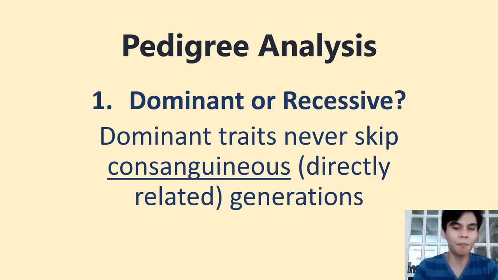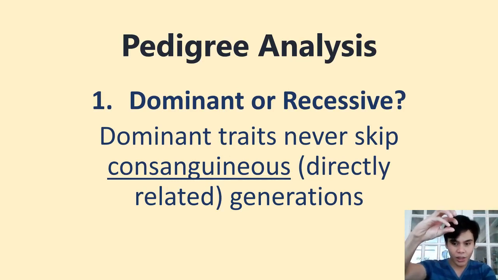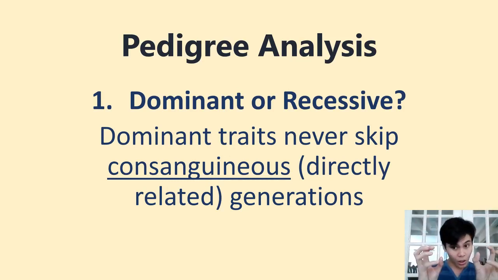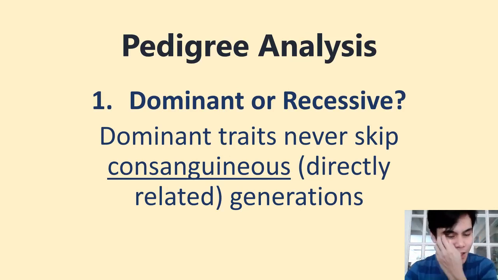But if it does skip, again, if you see it skipping a generation, so it's present in one generation, in the next generation it's gone, but then in the generation of offspring it's present again, then it skipped a generation, and that means it's recessive.